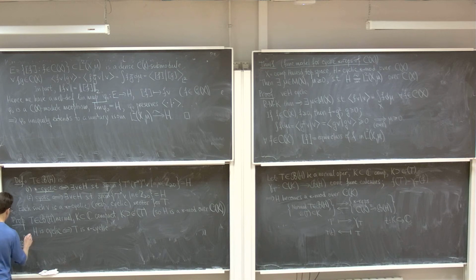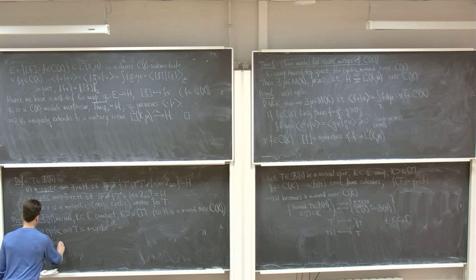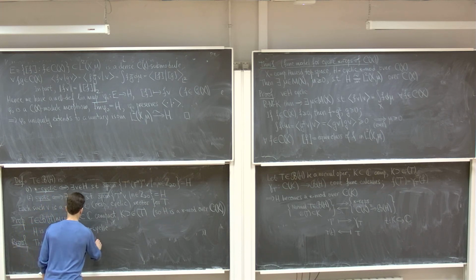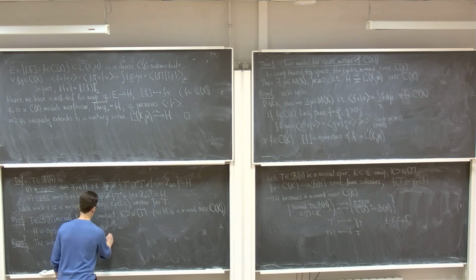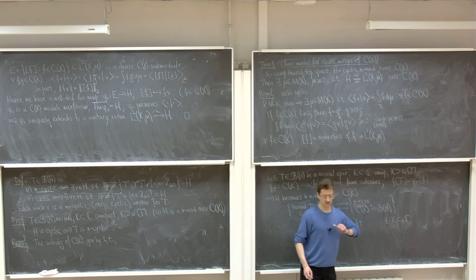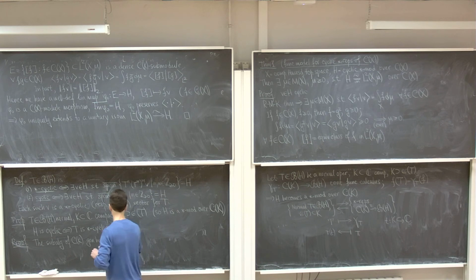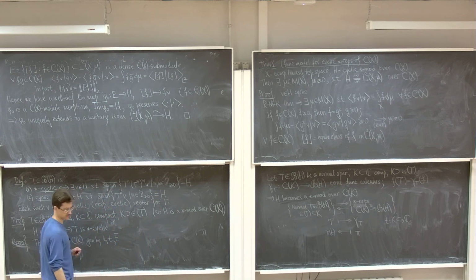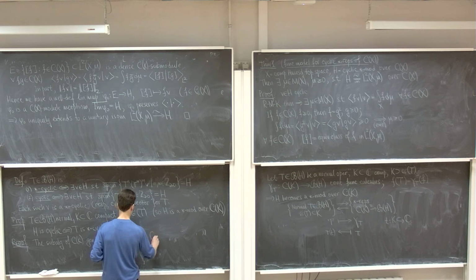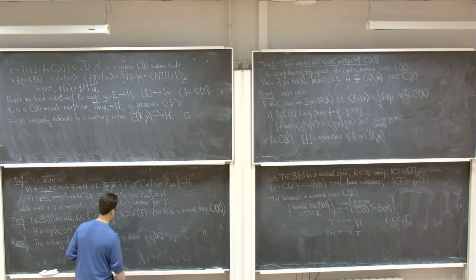The proof is again a simple application of the Stone-Weierstrass theorem. Namely, if we look at the subalgebra of C of K generated by the function which is identically 1, T, where T is the inclusion map of K into C, and the complex conjugate, T bar, then this subalgebra is dense in C of K. We already used this argument when we proved the uniqueness of the functional calculus.